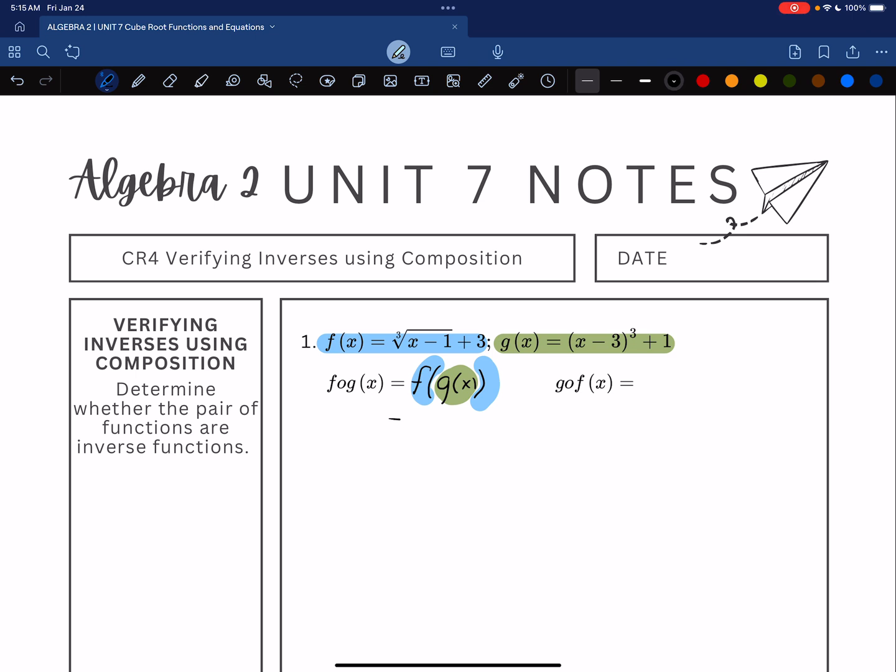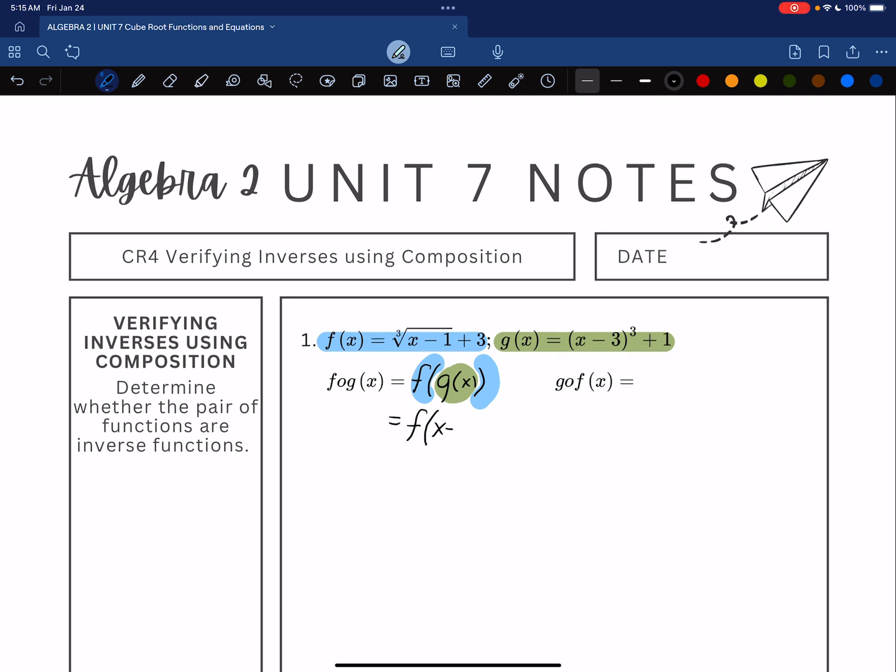That means let's take our f function and plug in the rule for g, which is x minus 3 cubed plus 1. That is my green function being plugged into my f function.